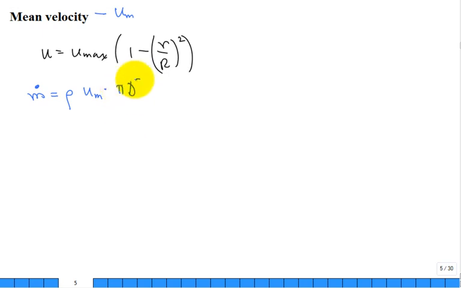Pi d squared over 4. Isn't that our flow cross-sectional area? That's what we really want. We want a simple equation where we use that. But how do I calculate that m dot if I want to do the integration? So I think about my pipe, looking at it, there's a center line, and I take little strips.